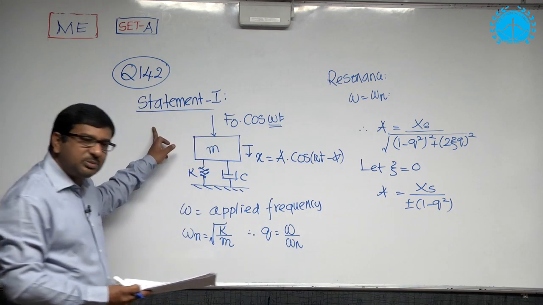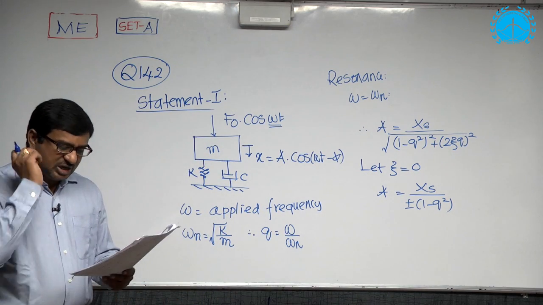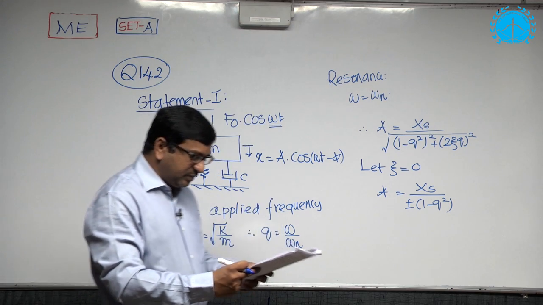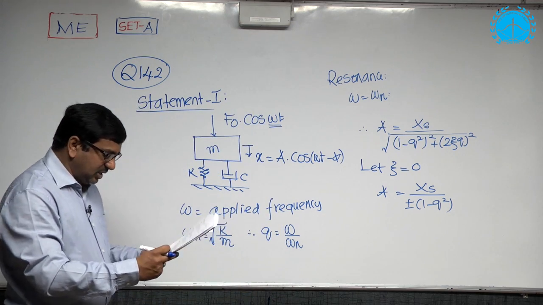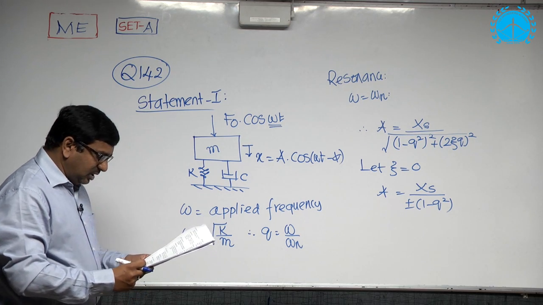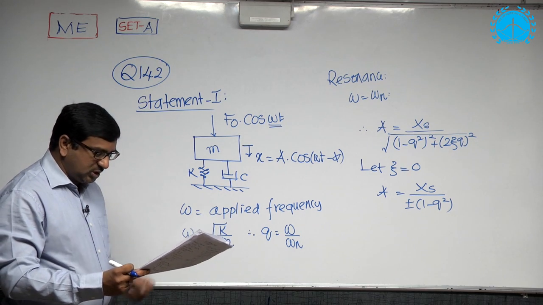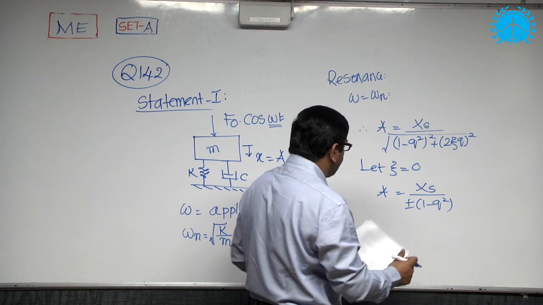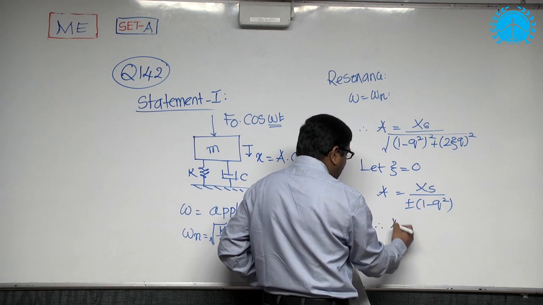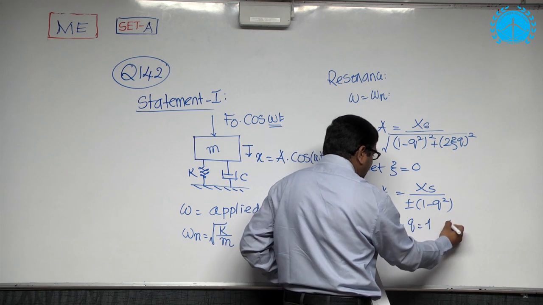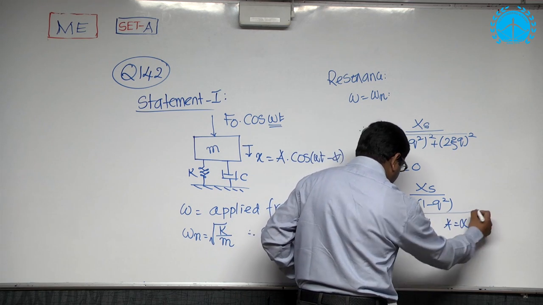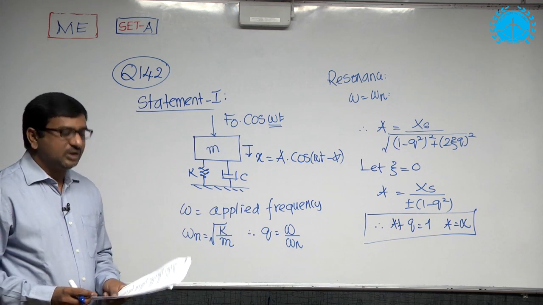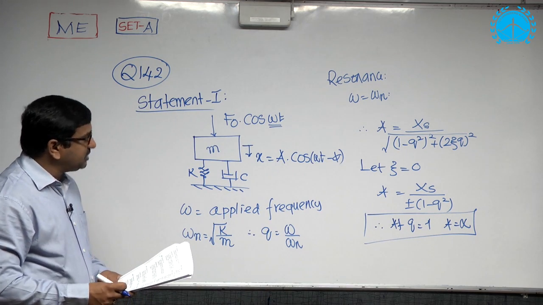So as far as statement 1 is concerned, resonance is a special case of forced vibration in which the natural frequency of the body is the same as the impressed frequency of the external periodic force, whereby the amplitude of the forced vibration peaks sharply. Therefore at q equal to 1, A becomes infinity. This is what we call resonance, and as per this the first statement happens to be correct.